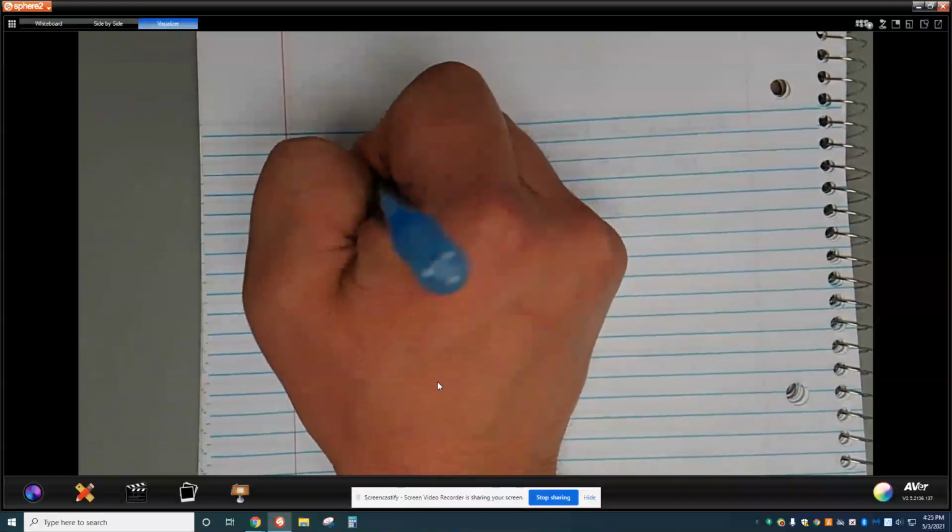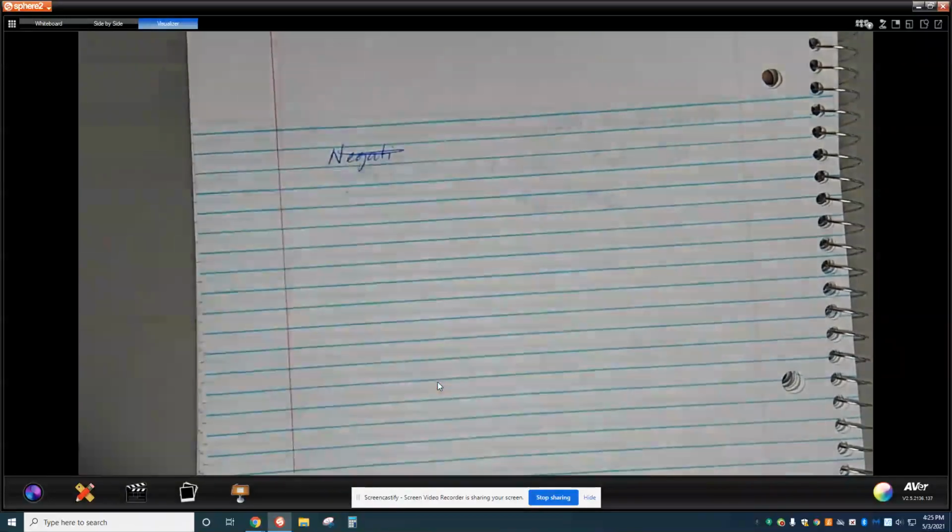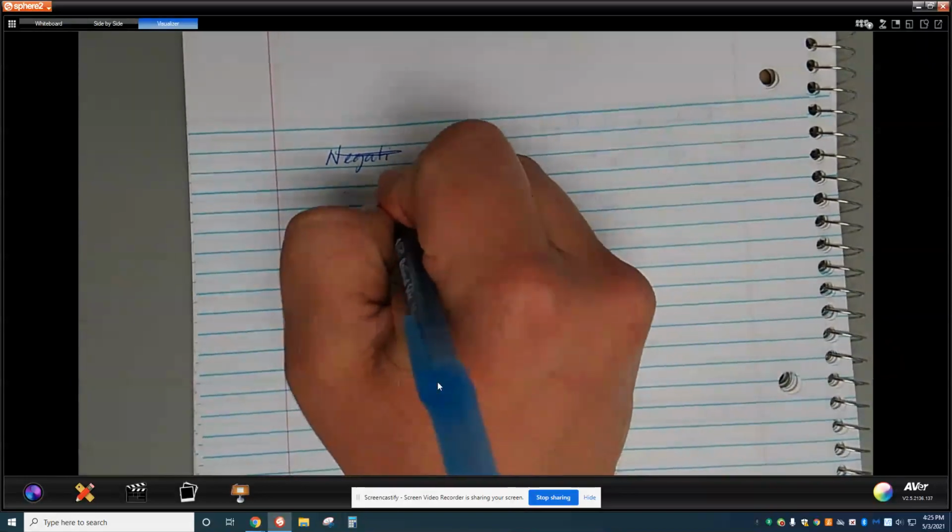The last rule that we talked about is the exponent product rule.